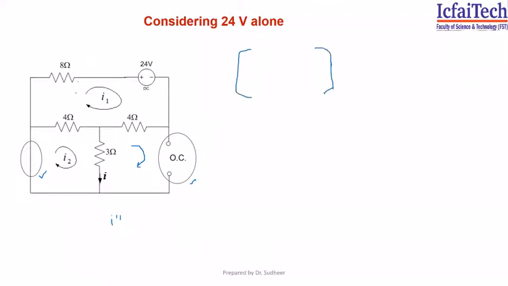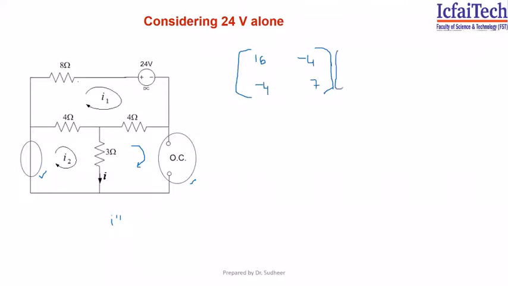Add all the resistors in the first mesh. So obviously it will become 16. The A matrix will remain almost the same. This will become minus 4 and this is also minus 4, and then this element is 7.